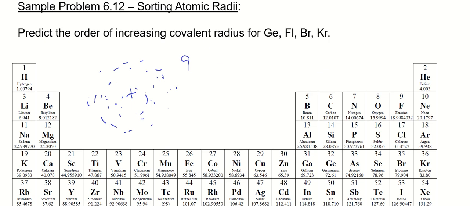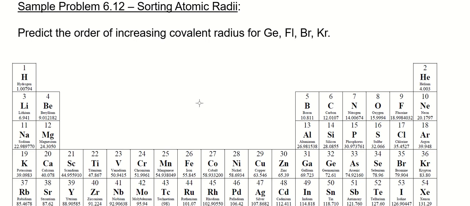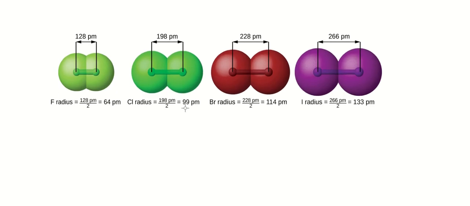One way we get some consistent data is to use the covalent radius, which I just copied and pasted from OpenStax. When you have a diatomic molecule like fluorine, F2, covalently bonded like that, we can get the bond length, the distance between the two nuclei, and then we just take half of that.